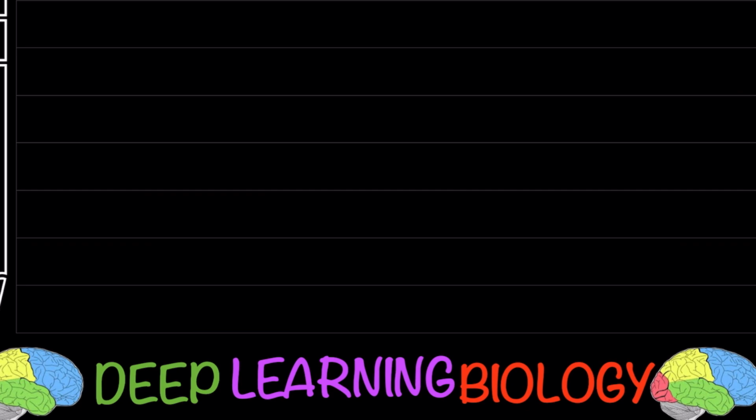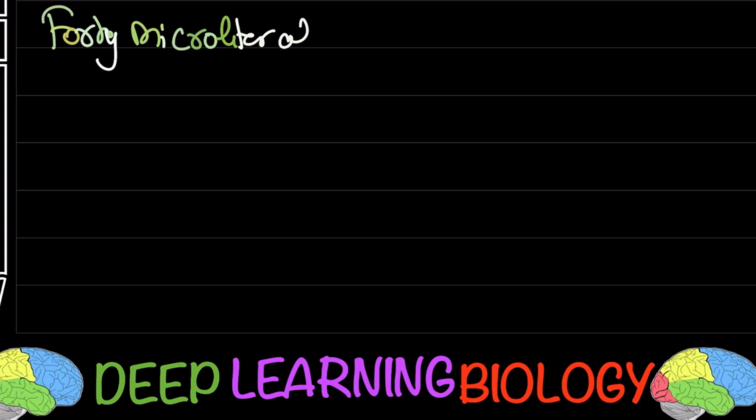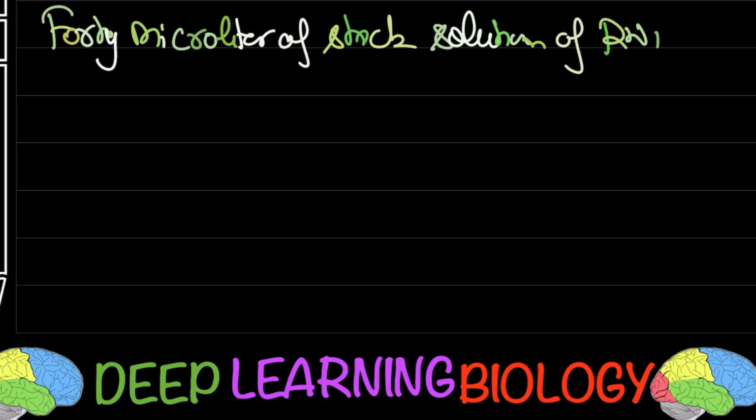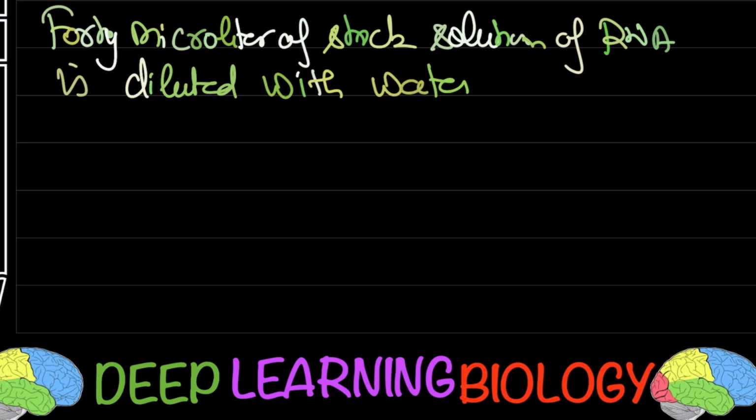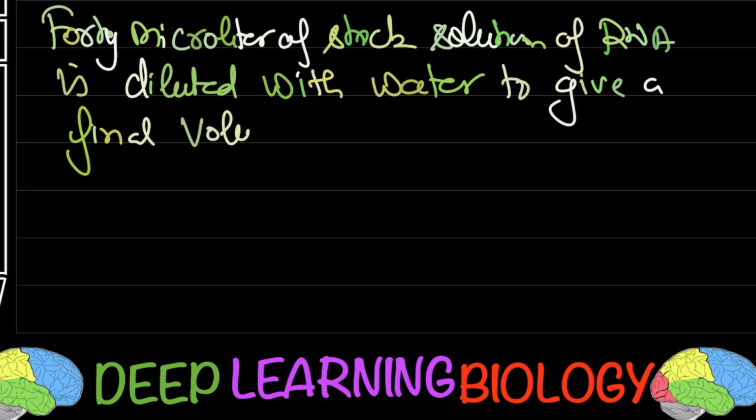40 microliter of a stock solution of RNA is diluted with water to give a final volume of 1000 microliter.